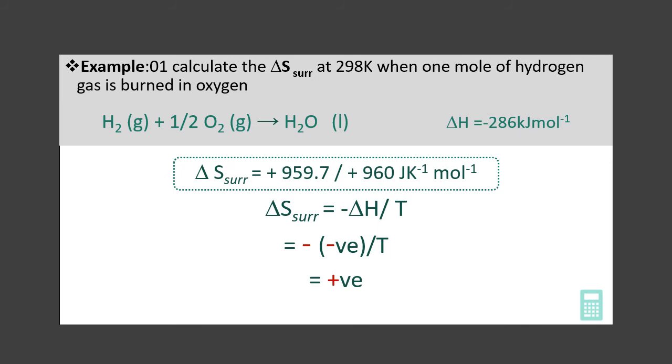So even without calculating, we can predict the sign of the value once again for delta S surroundings, just like we did for system, and therefore you can suggest what would happen to entropy change of the surroundings, whether it will increase or decrease based on positive or negative value. The only thing we wouldn't know is just the magnitude of the value.